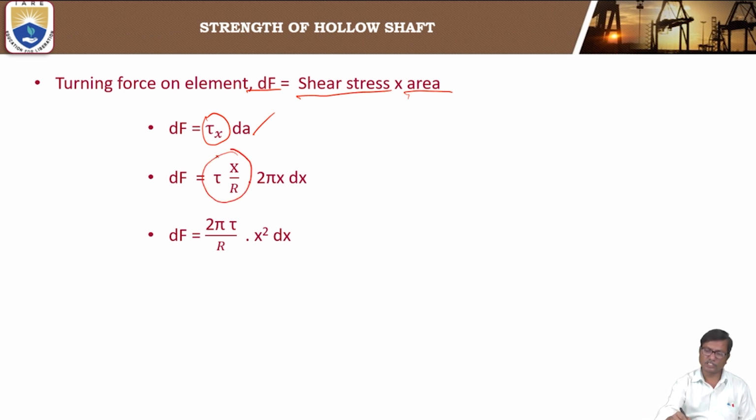Tau x from the previous expression is tau into x by R, and the area is 2 pi x into dx. So the twisting force or turning force on the elementary ring is dF equal to 2 pi tau by R into x square dx. Here tau is the maximum shear stress.